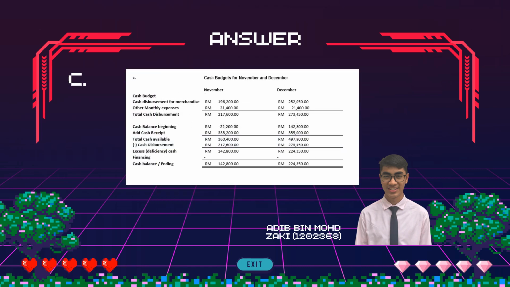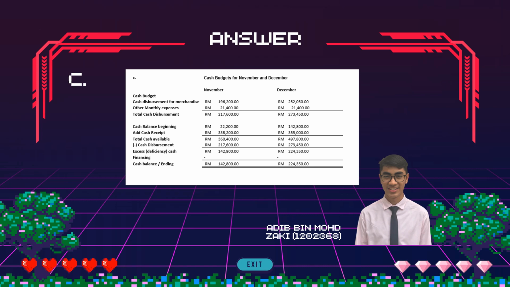Alright, let's see the answer for question C, which is the cash budget for November and December. Firstly, we begin with calculating the total cash disbursement for each month. The total cash disbursement means the total cash outflow.